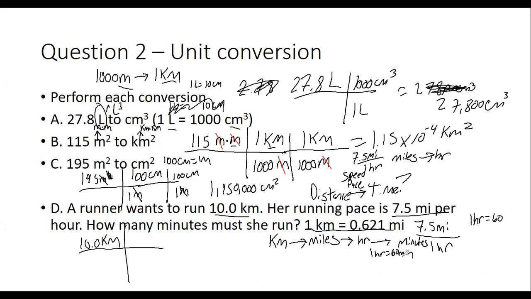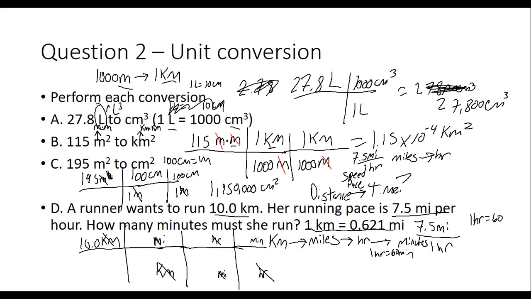So I'm going to do this. So just logically, based on my logic, I want to convert from kilometers to miles. Cancel kilometers. I want to convert from miles to hours. Cancel miles. I want to convert from hours to minutes. Hour at the top, hour at the bottom, they cancel out.